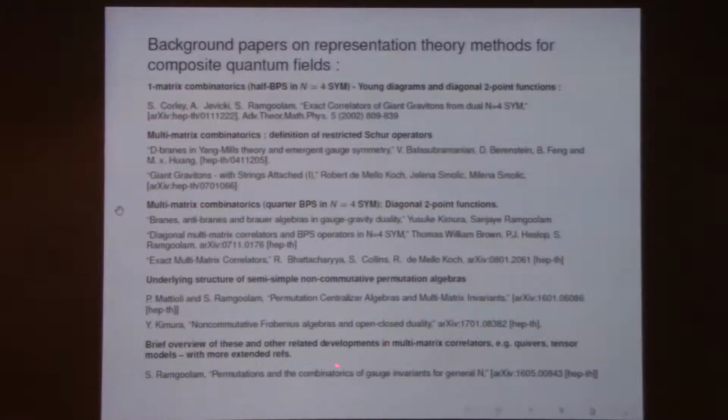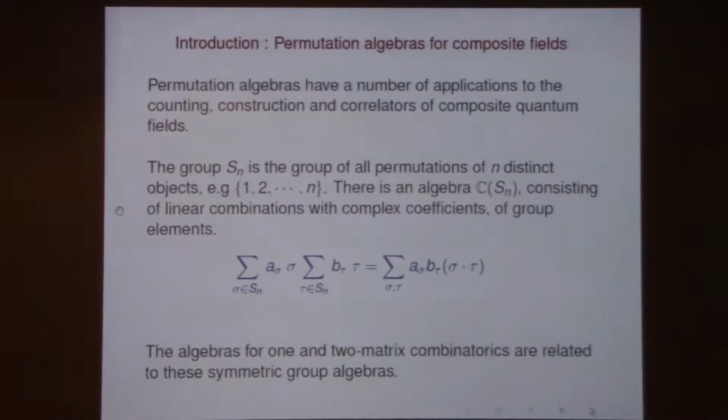And as an overview of this whole thing, with other applications to quivers and tensor models and so on, in a short review. So if you want to orient yourself as I go on where to find what, this is a good slide, and a fairly complete set of references will be here. So I'll now get into the content itself.